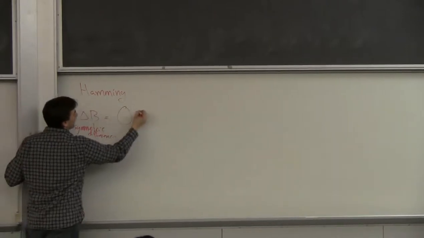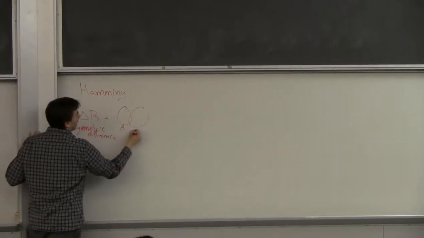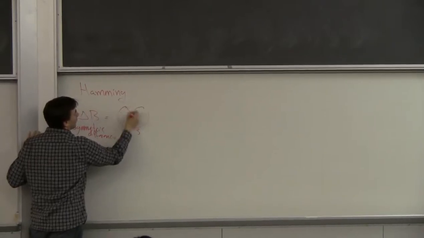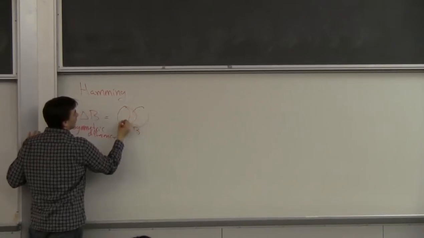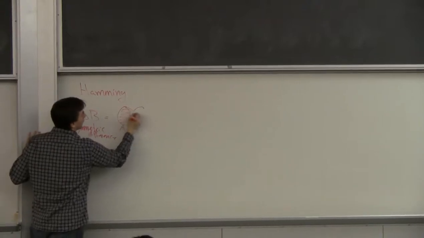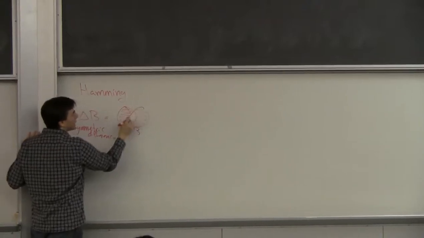It is defined if I have sets A and B. Then the symmetric difference is things that are in the union but not in the intersection.